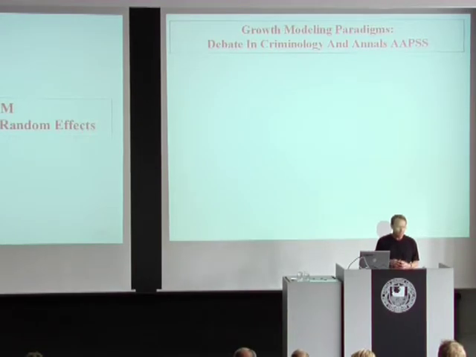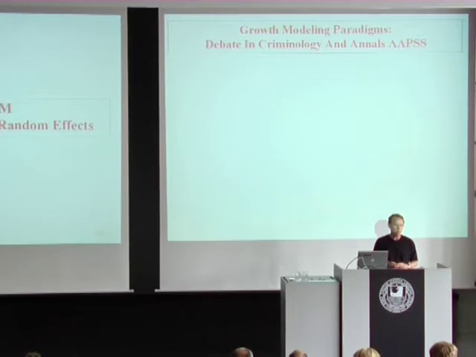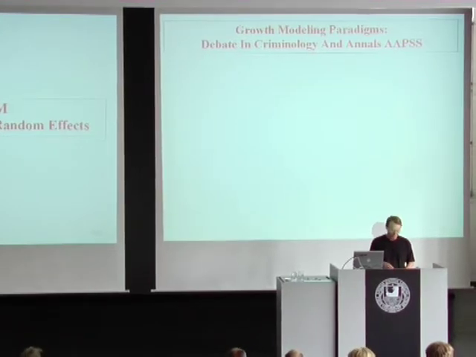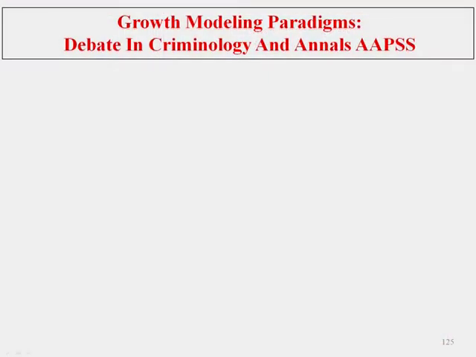So this really corresponds to a debate that is taking place in the criminology methodology literature. It started out in that literature with Dan Nagin working with latent classes and the SAS Proc Traj for trajectory analysis, working within the LCGA framework.